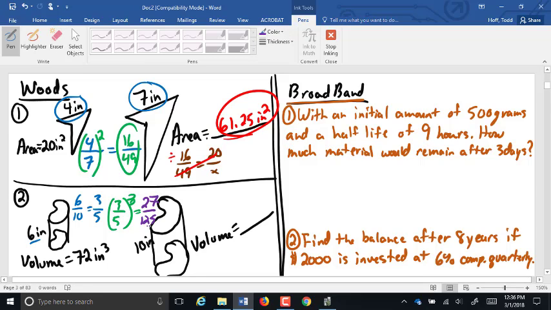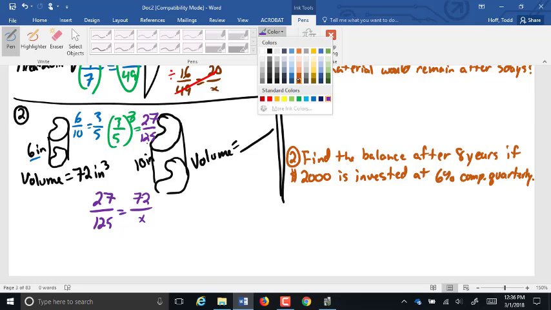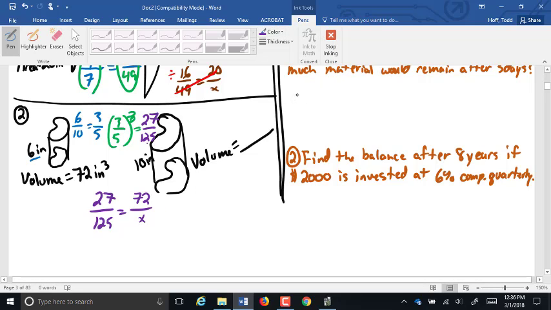Well, lucky, good guess at least. Then what? Okay, 72 over x. Cross multiply and divide, what do you get? 333 1/3.